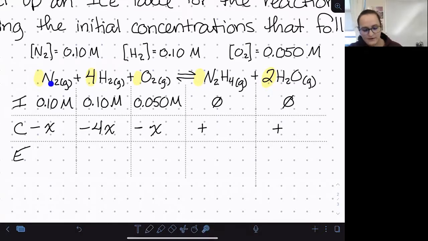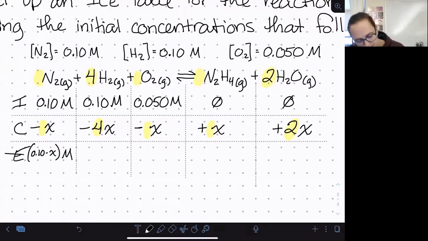And then for every 1 N2 that is consumed, 1 N2H4 is produced. So this will be plus X. And then we get twice as many water molecules formed as N2H4. So 2X, with invisible ones all around. At equilibrium, if we started with 0.1 molar nitrogen and we consumed X, we will have 0.1 minus X molar remaining.